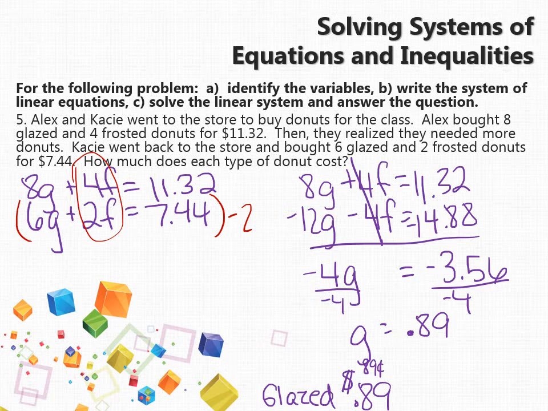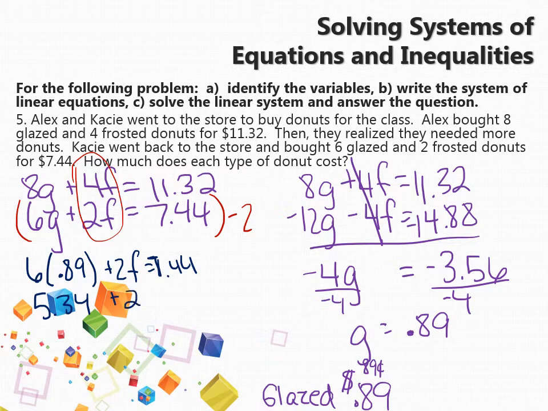So let's go back to the beginning. I'm actually going to rewrite this equation, but instead of G, I'm going to put 0.89 plus 2F equals 744. All right, definitely need my calculator here. 6 times 0.89 is 534 plus 2F equals 744.